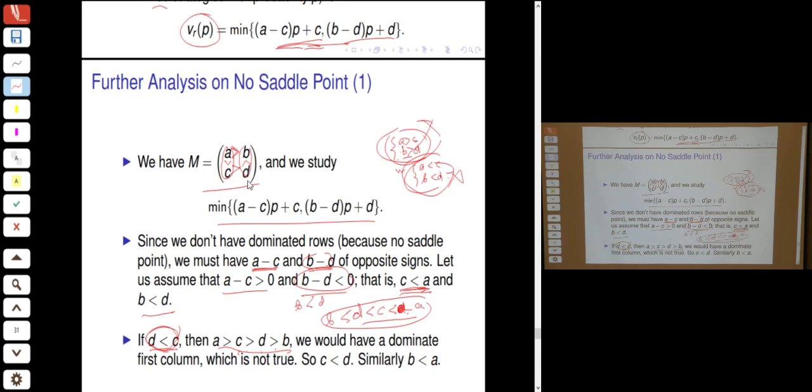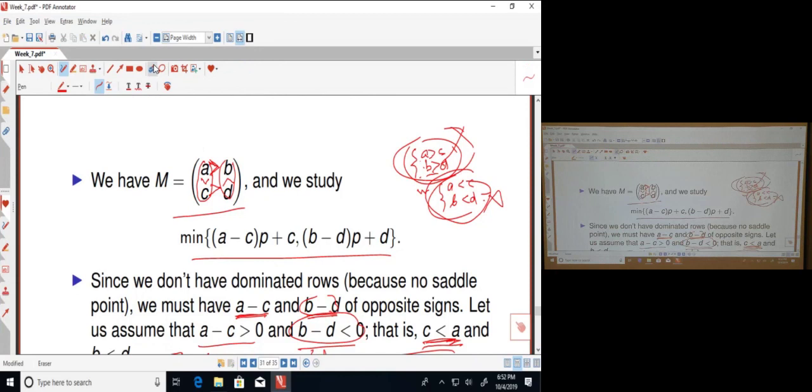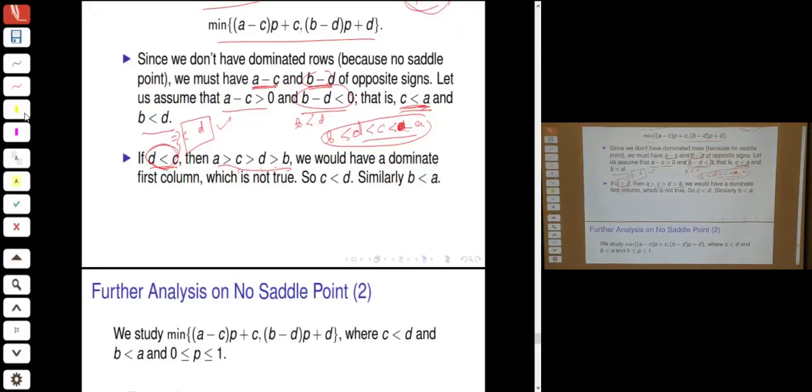So because there is no saddle point, this is not allowed. So D cannot be smaller than C, so this implies that C has to be smaller than D.